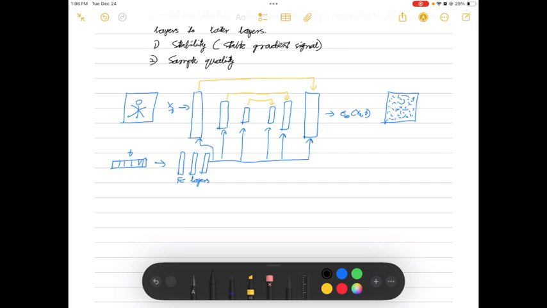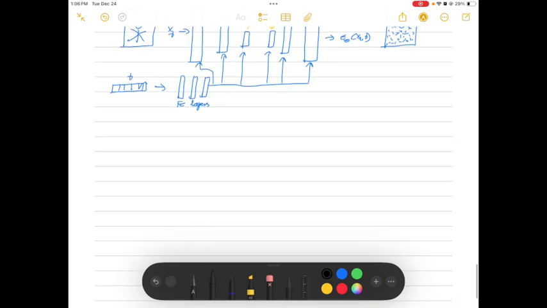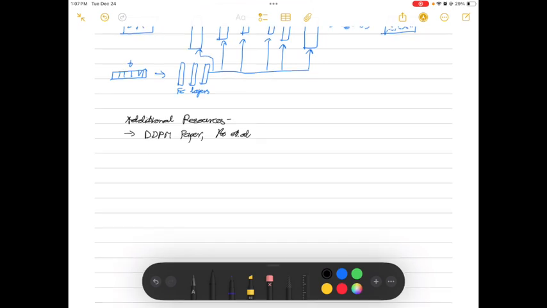Now, that was the explanation for how DDPMs work, their background and their details. If you're interested in more on diffusion models, there are additional resources you can check out. So the first thing to look at would be the DDPM paper, and it provides a lot of information on the choice of parameterization and the results that DDPM achieve.